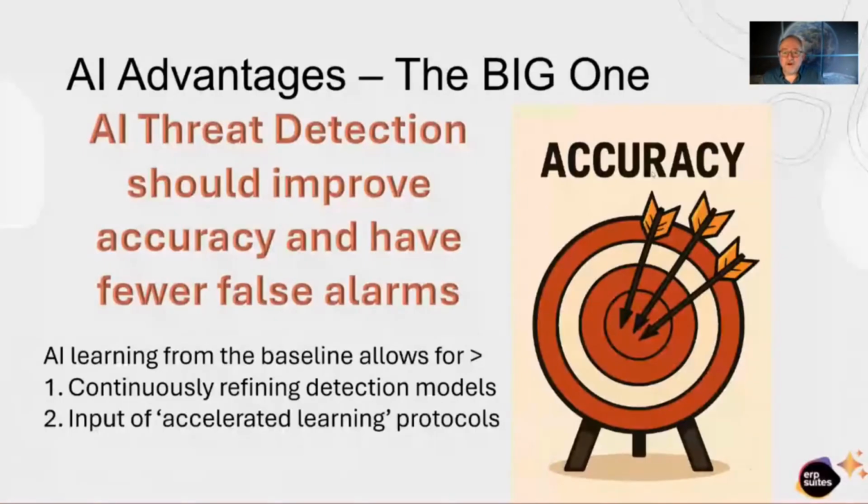It may give us some alarms on a few things, but either because it learns quickly enough because of other things, other parts of its model structure, or because we input an accelerated learning protocol. So for example, hey, you gave me this alert, but look, Suzanne's going to be accessing system C a whole lot more than she used to in the past, and I don't have time for you to really learn that.